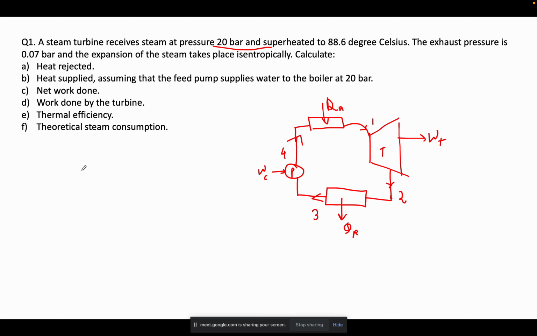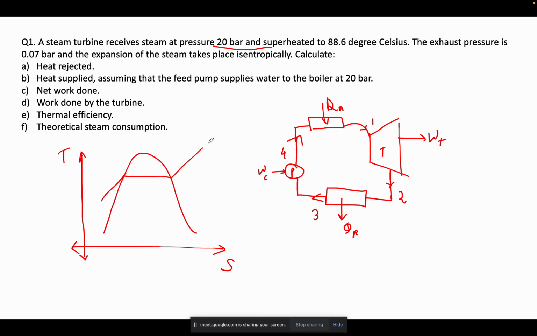Now if I draw the TS diagram, this is my saturation line, and these are my two pressure levels. This is my pressure P1 and this is my pressure P2, and it is already saying that it is at the superheated level.